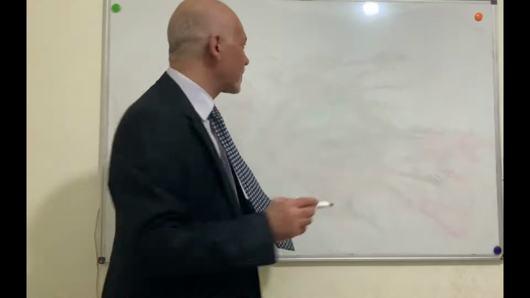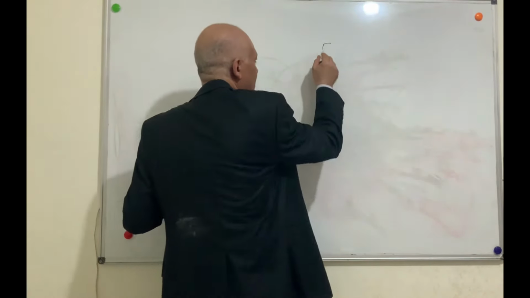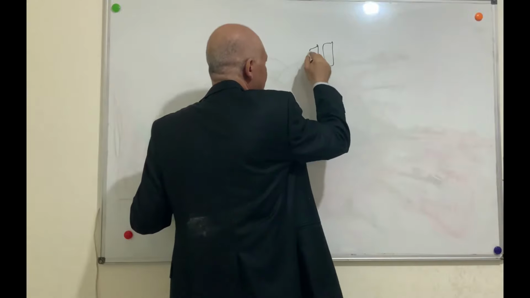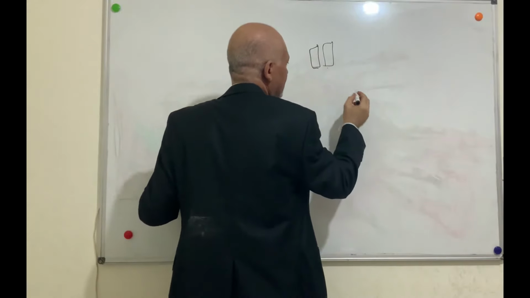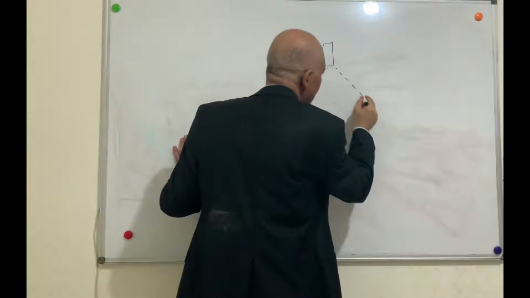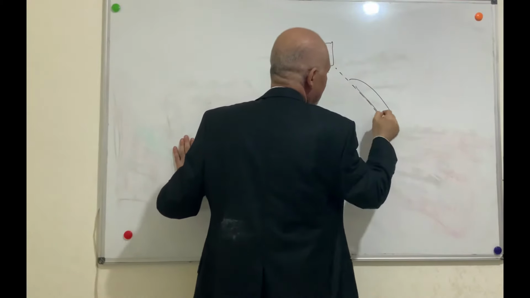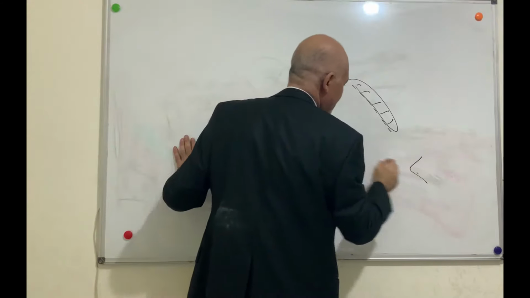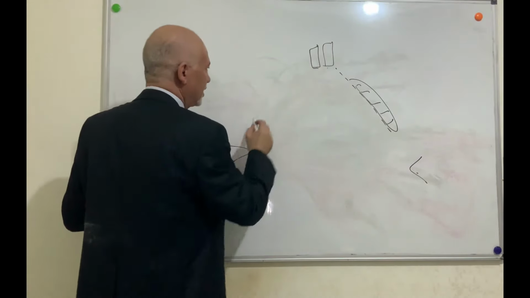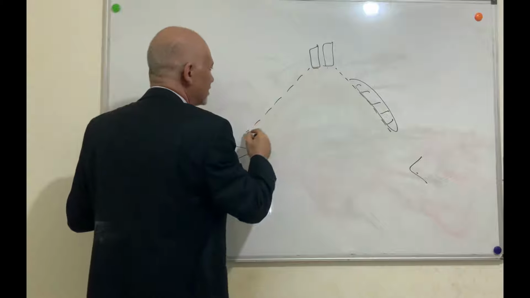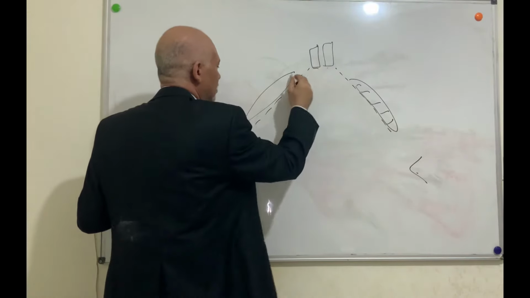We can draw a diagram like this. Origin of the muscle from the body of the symphysis pubis, then this line which covers the obturator internus muscle, and this is the ischial spine.